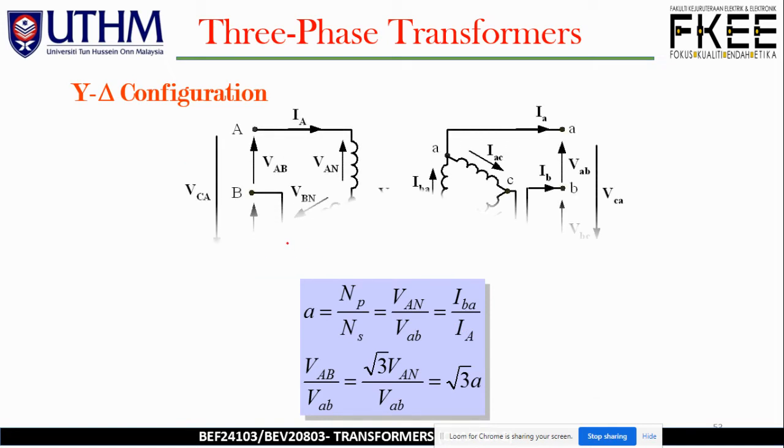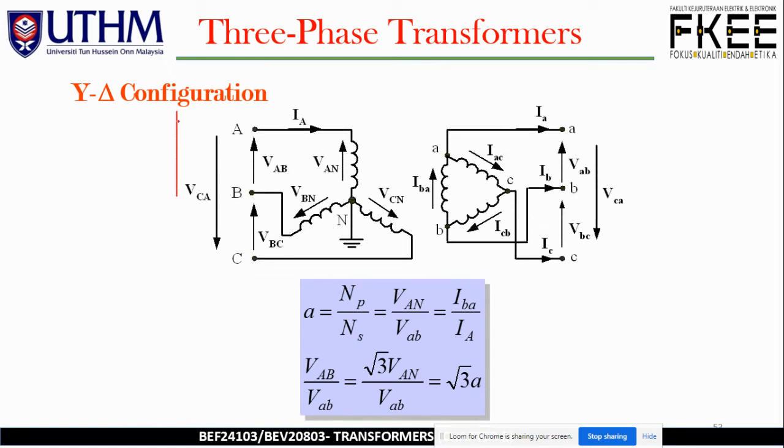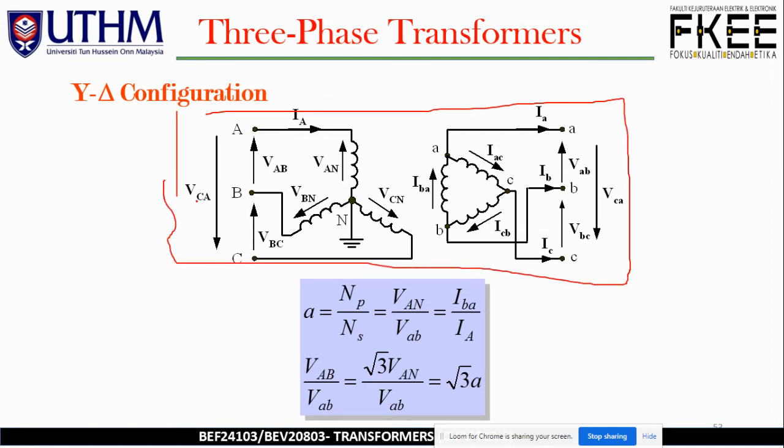So again, still on the diagram, the first of the star delta configuration. Let's look at the relationship in terms of the turn ratio. We have NP over NS, no problem over here. But once we come to the phase, now we have VAN. This is the phase for star, and this is the phase for delta. Because for the delta, V phase equal to V line. So VAB over here is actually V phase.